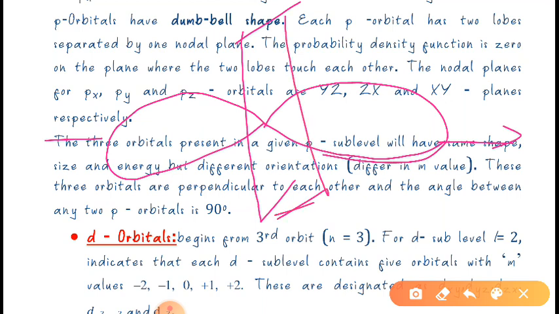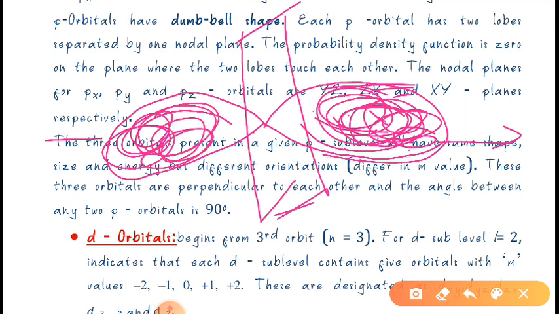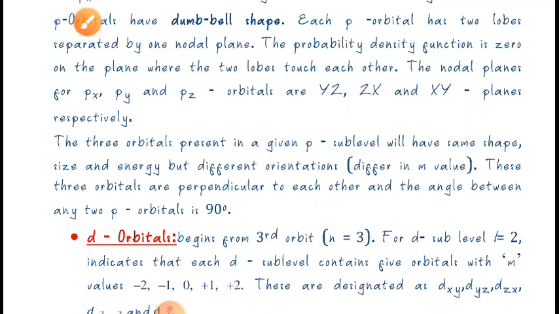As you can see here, it has two lobes and one nodal plane. The probability of finding an electron is in this area, not in this area. It has one nodal plane because this is just dividing it from the middle, along the axis.